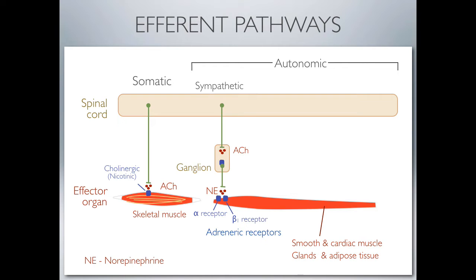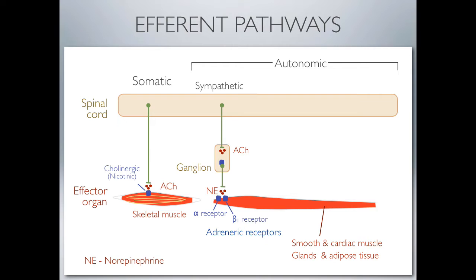I guess it's theoretically possible that you could have both, but you don't need to have both. They activate in response to norepinephrine release, right? In order to have a smooth muscle respond to the release of norepinephrine, as far as we're concerned, it has to have alpha or beta 1 receptors.